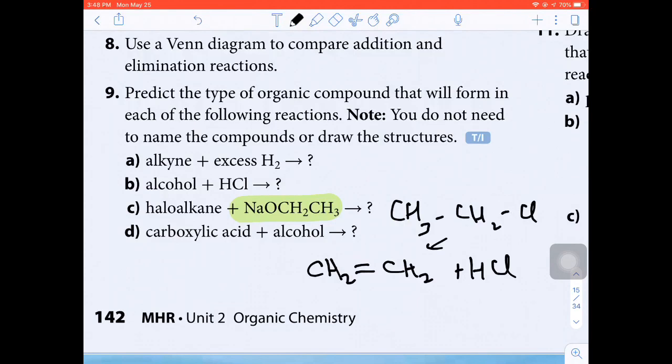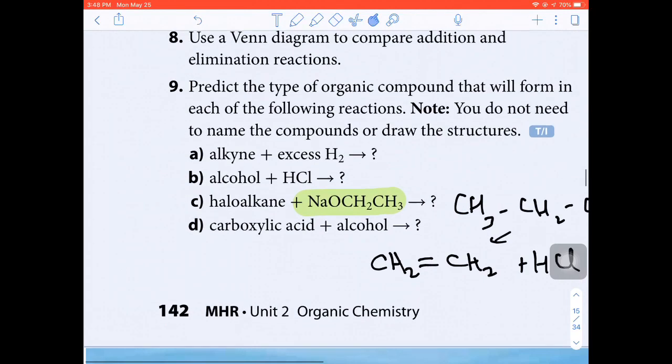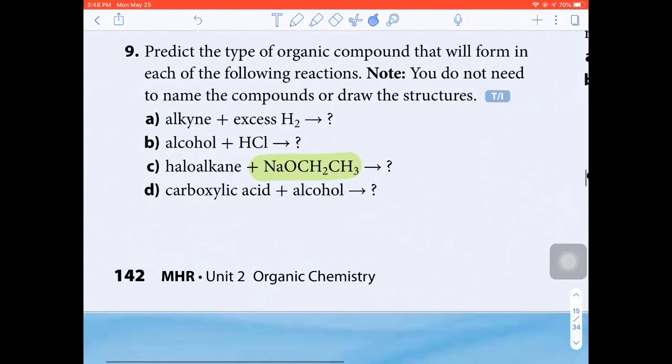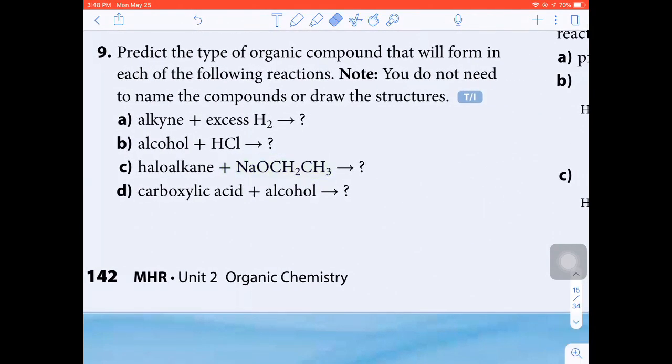And then our last question here has a carboxylic acid reacting with an alcohol. Again, that's my formula for an esterification reaction to make an ester. Okay, so let's erase this one. And let's look at my carboxylic acid. Something C double bond O bond OH reacting with an alcohol.